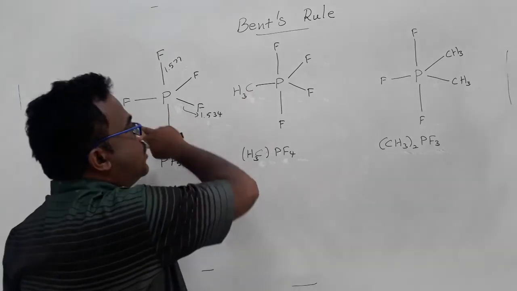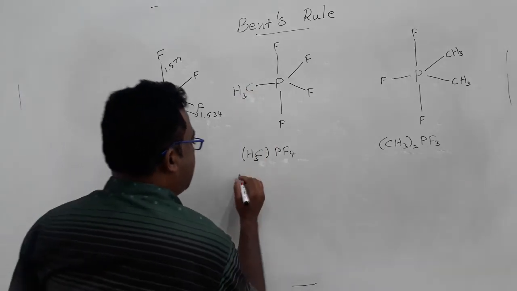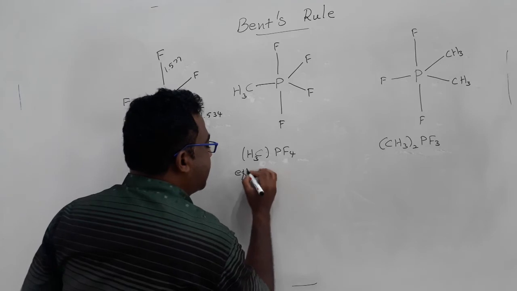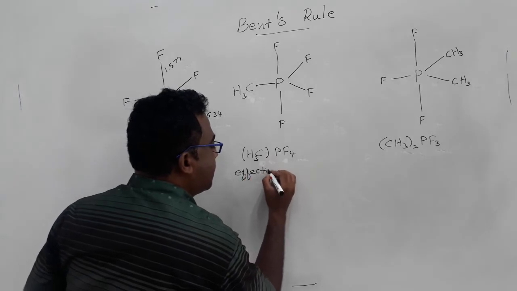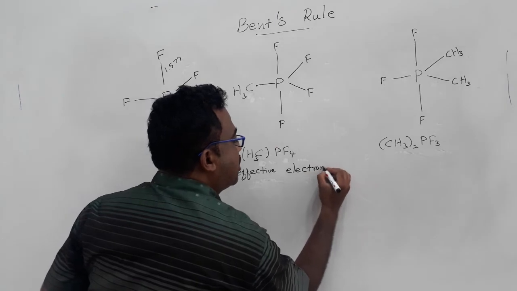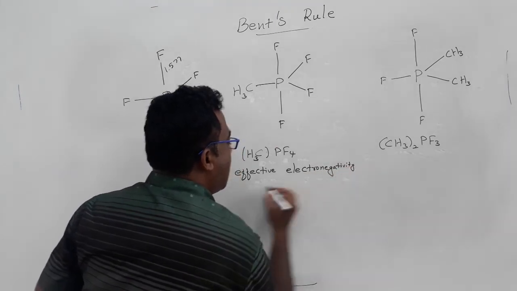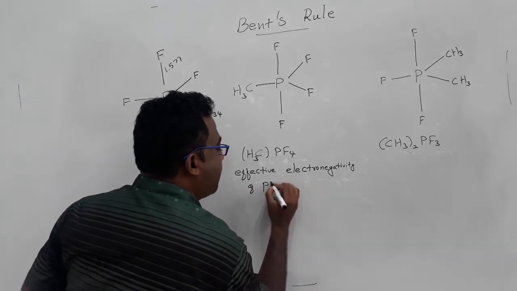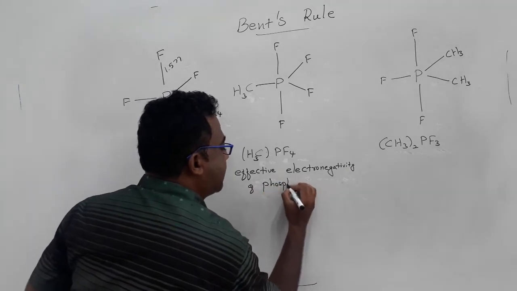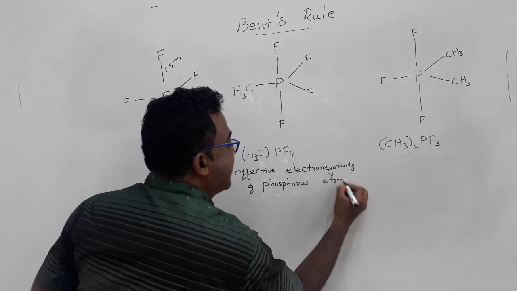So if you substitute fluorine by a methyl group, the effective electronegativity of the phosphorus atom decreases.